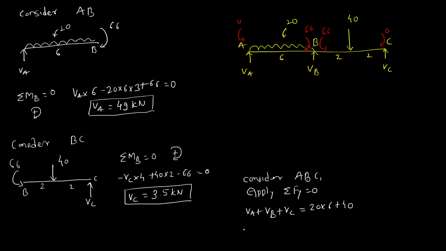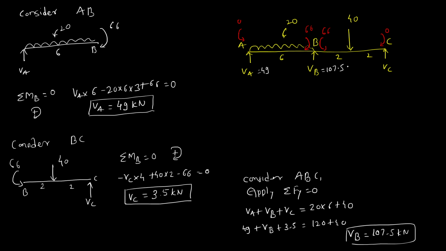So VA is 49, VB we have to find out, VC is 3.5, is equal to 120 plus 40. Upon calculation, VB is equal to 107.5 kilonewton. So now we have found all the values here. VA is 49, VB is 107.5 and VC is 3.5.